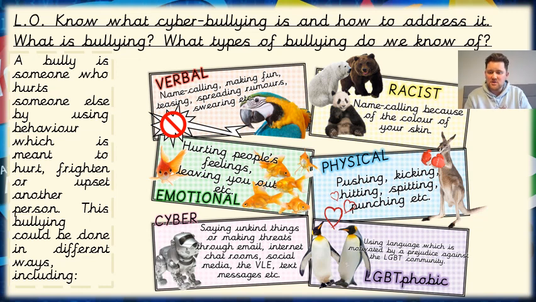LGBT-phobic, that means using language or behaviour which is motivated by a prejudice against the LGBT community. Or, the one we're going to be focusing mainly on today is cyberbullying, and that is sending unkind things or making threats through email, internet chat rooms, social media, the virtual learning environment, or text messages or other programs like that.